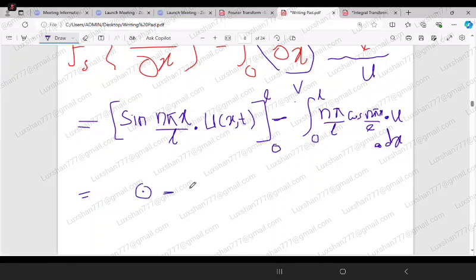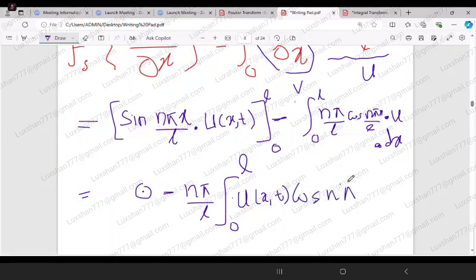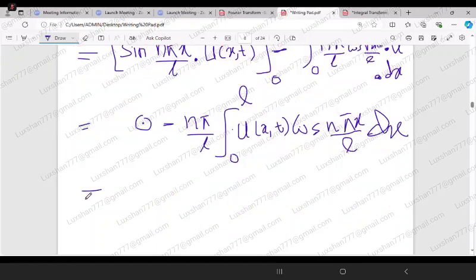minus, taking nπ/L out, the integral from 0 to L of u(x,t) cos(nπx/L) dx. Can anybody tell me what this is?